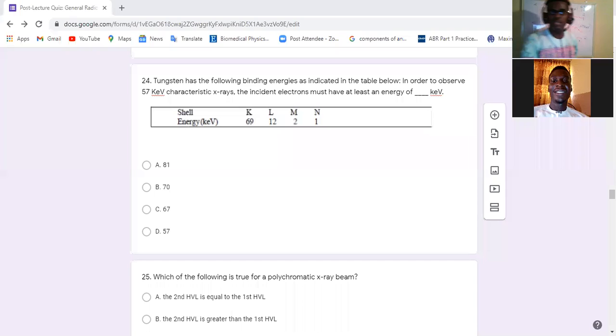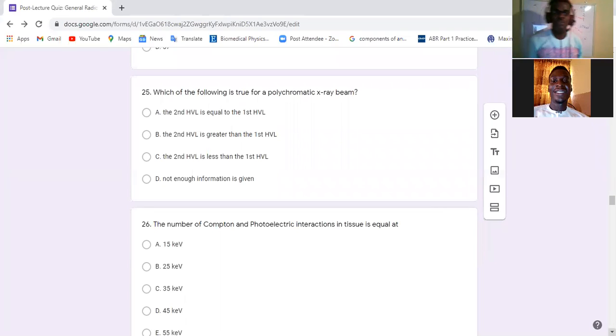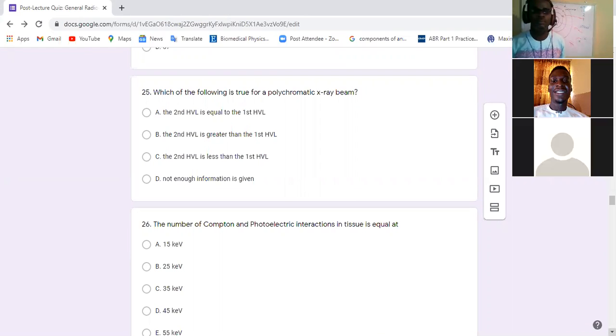So that's that. For 25, I think we should be able to finish before that time. Question 25: which of the following is true of a polychromatic electron beam? Option B. The second HVL is always greater than the first HVL.